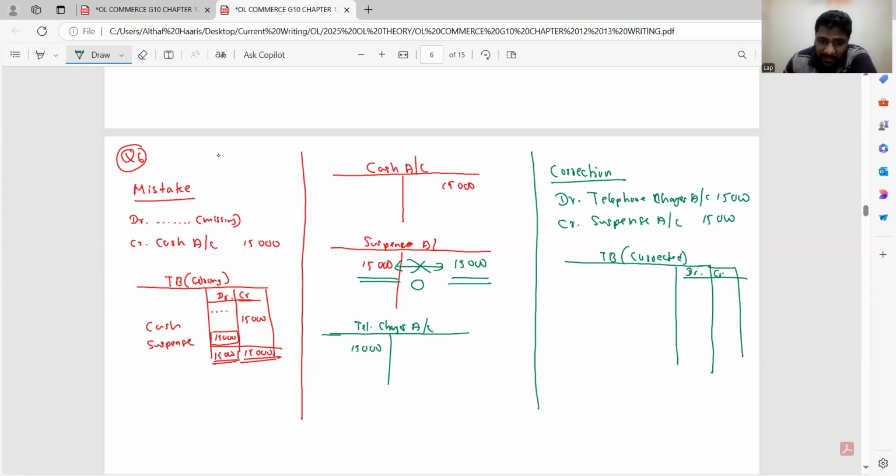So in the cash account and the telephone charges account, you have 15,000. Now your trial balance is balanced. That's it. Write this down, level. Everything. Later we'll record it in the general journal. First write it.